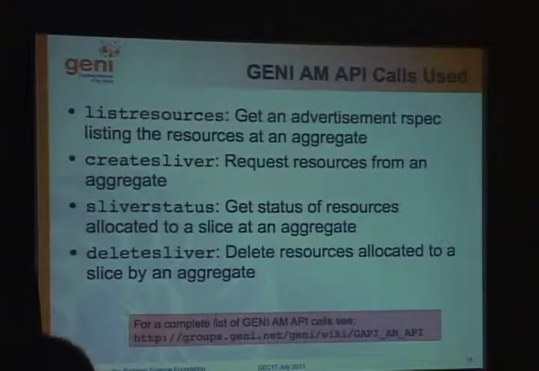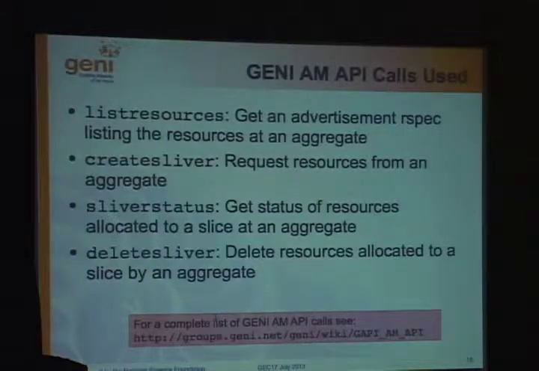So the four AM calls that we're going to be using are list resources, which again is the call that Flack had originally used to retrieve the advertisement, and then create sliver. Once the request RSpec has been constructed, that's the way it's submitted to the aggregate manager. Sliver status is then used to poll.